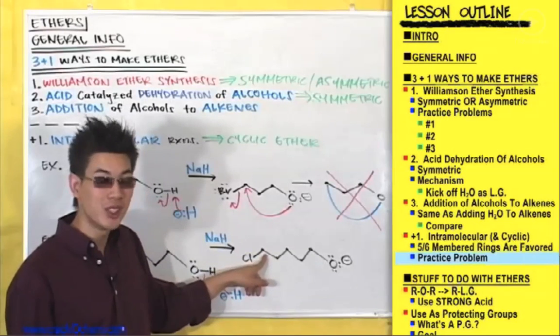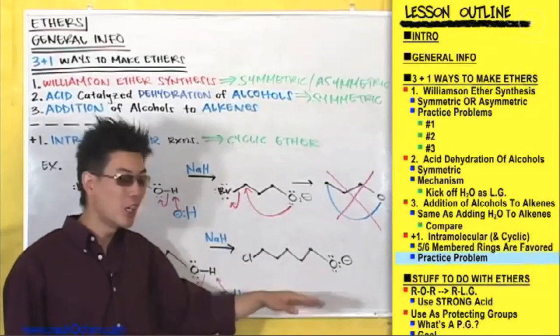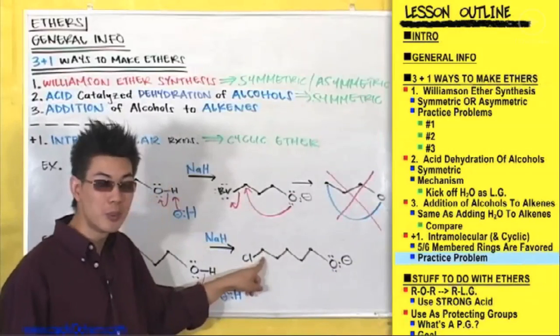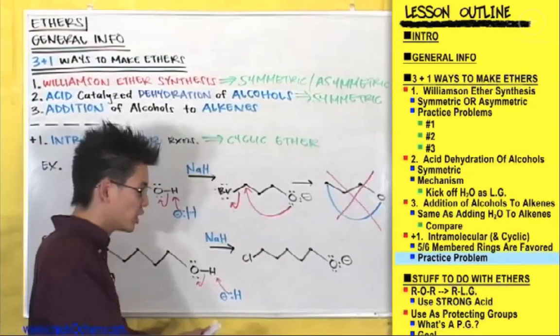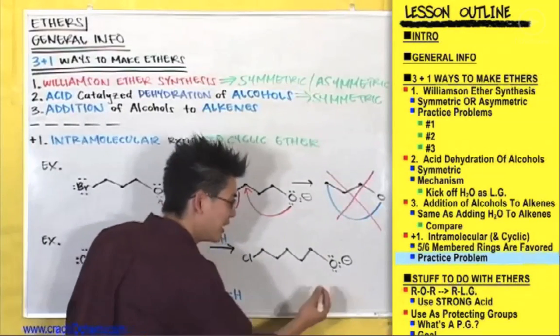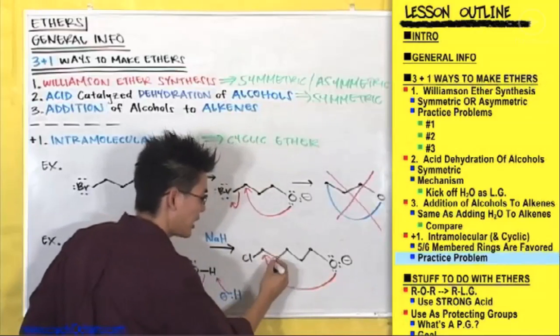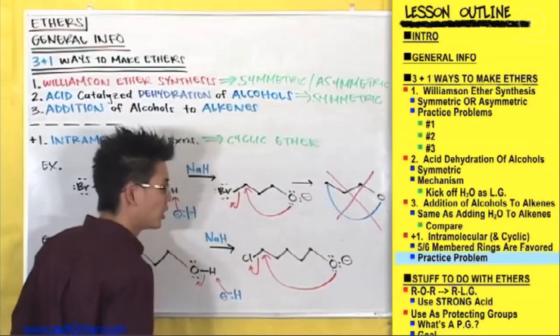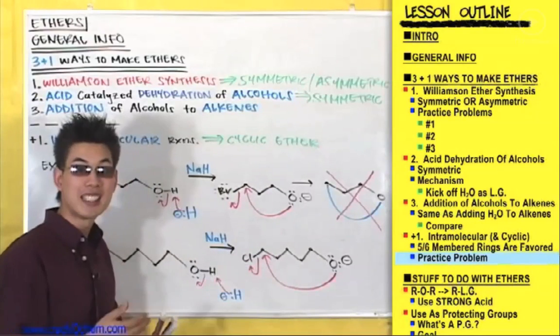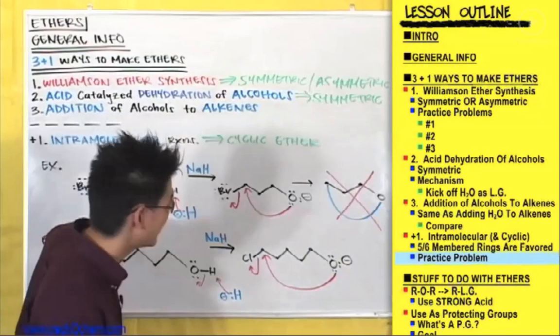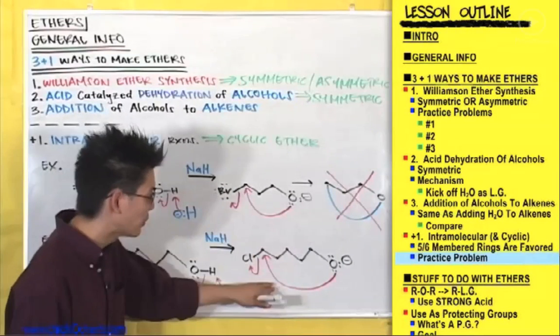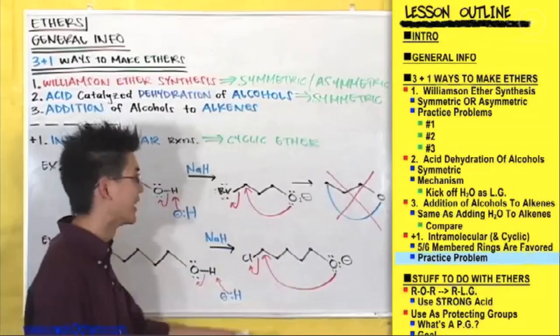Somebody give me some electrons. Hey, oxygen on the other side of the compound, can you come over here and bond with me so we can kick off this chlorine? So this oxygen is like, hey, I'll give it a try. So oxygen goes to attack this carbon, kick off the chlorine, and attempts to do an SN2 reaction. So let me go ahead and erase this up here, and we'll draw out the result of this reaction.